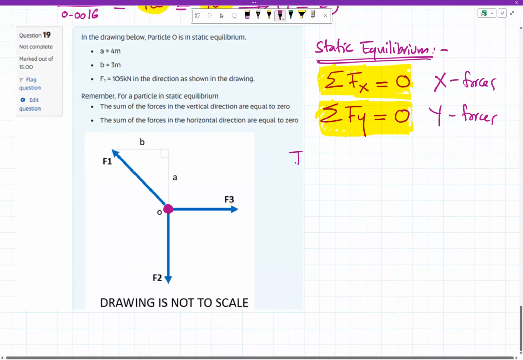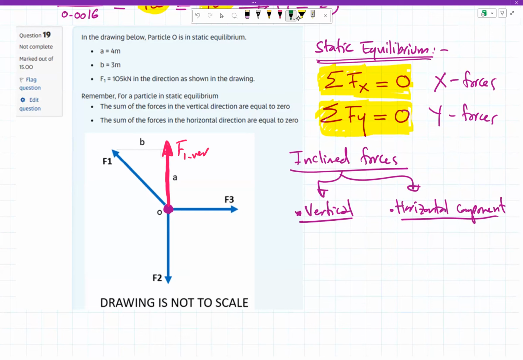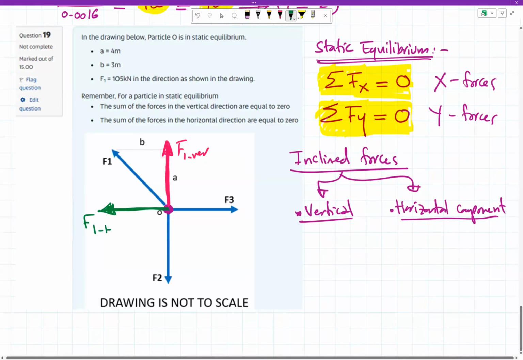So the idea in this example is that the inclined forces will be analyzed into their vertical and horizontal components, right? So it will be similar to our previous example above. If we look at this force, we will find F1 vertical, and in green, F1 horizontal, right?